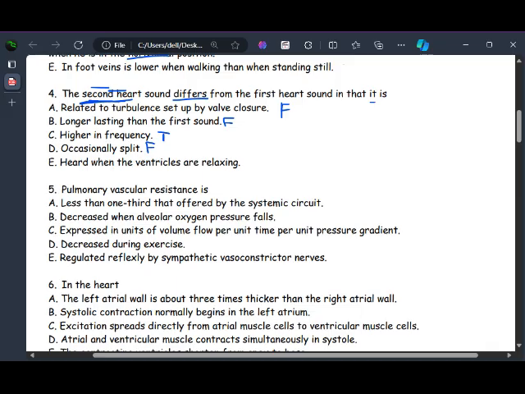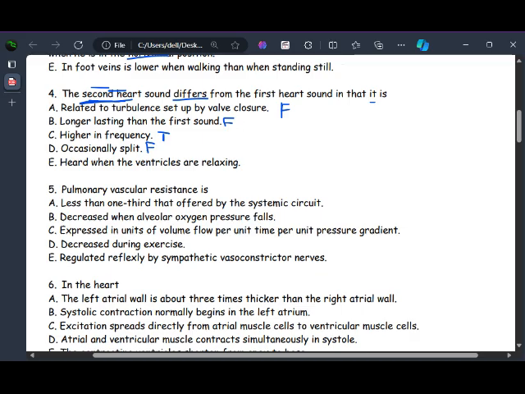Maybe it's the dub part of lub-dub: you're not supposed to hear two sounds, you're supposed to hear one. But because these valves are closing asynchronously, that means they're not in synchrony in the way they're closing.